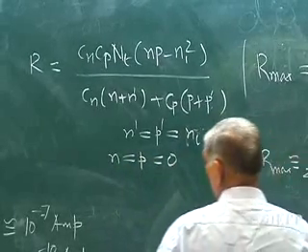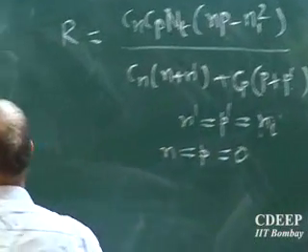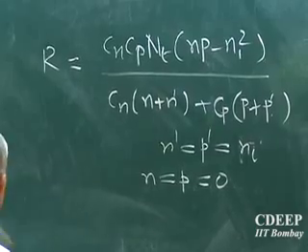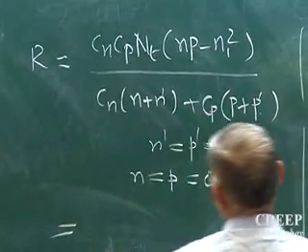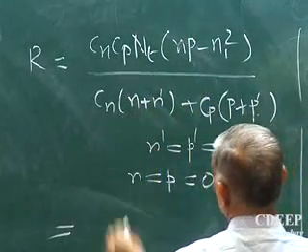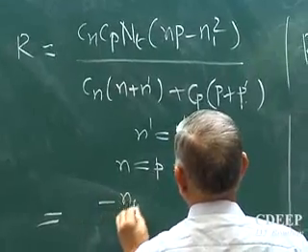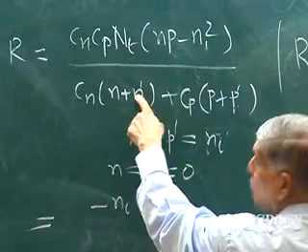So how much is R I am getting from here? This is 0, this is Ni. So I get minus Ni. Is that clear? This is Ni squared and this will give me Ni.